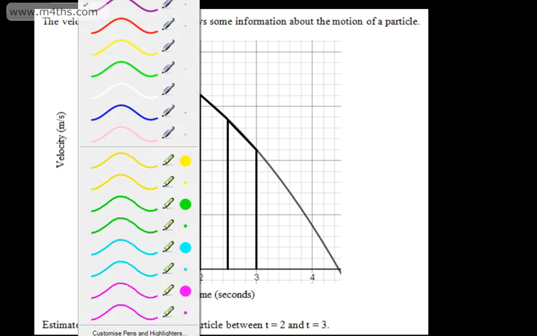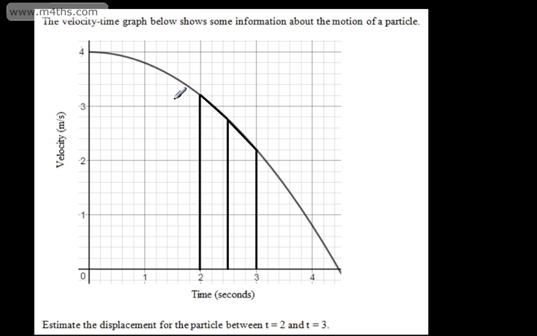So again, all we would do is work out the area of each of these. We know that this one is 3.2, and this one is going to be 2.2. This one just here looks to be about 2.8. Let's even go for 2.75. And that's all we would do. These widths now are 0.5 and 0.5.